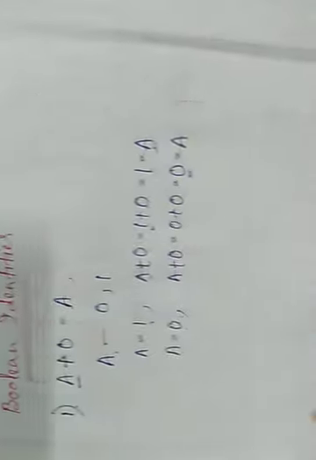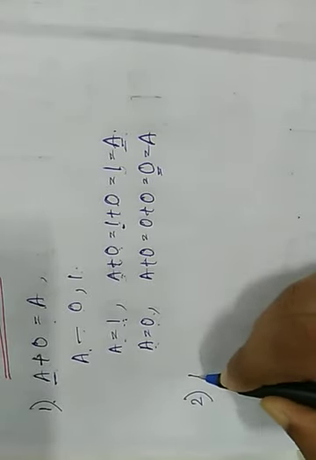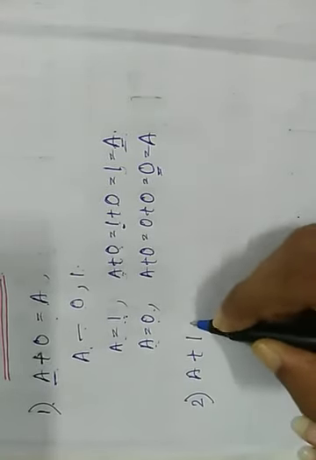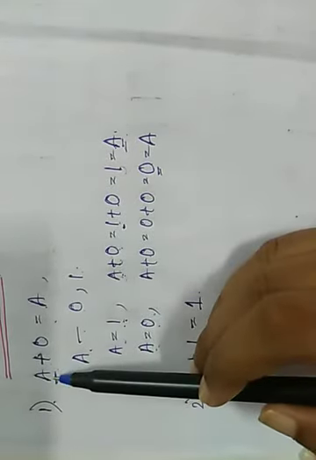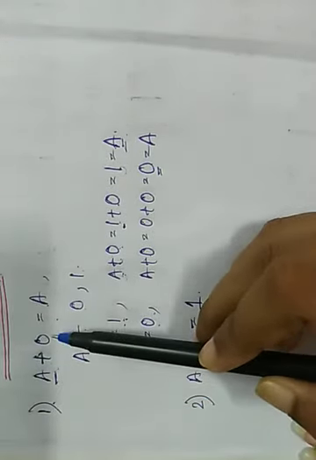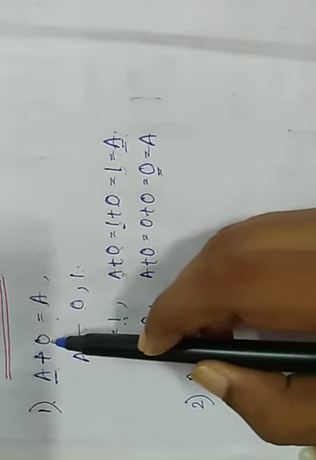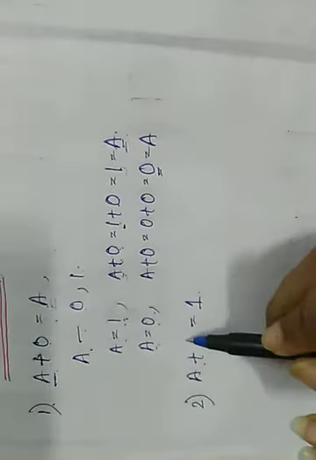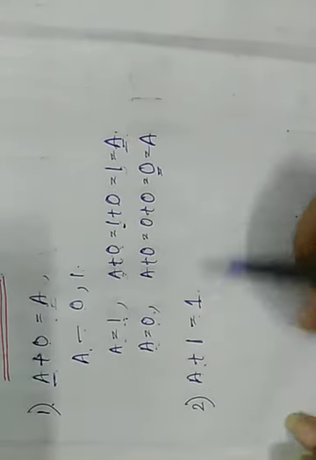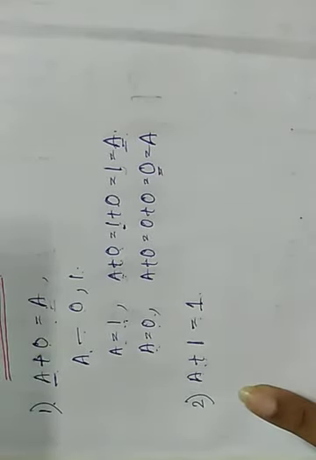Now our second identity is a plus 1 equals 1. Mind it, earlier it was a plus 0, that means the OR operation of any variable with 0 is always a. But the OR operation with 1 is 1. Let us take an example.